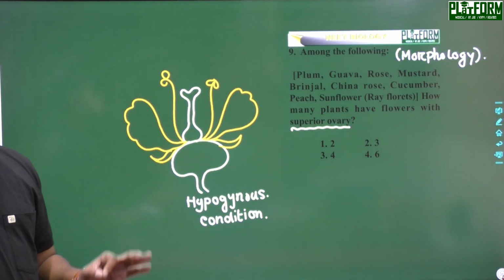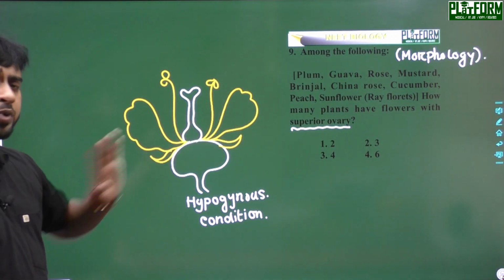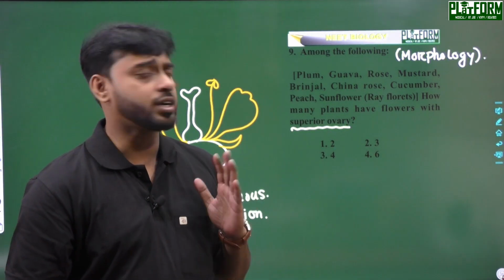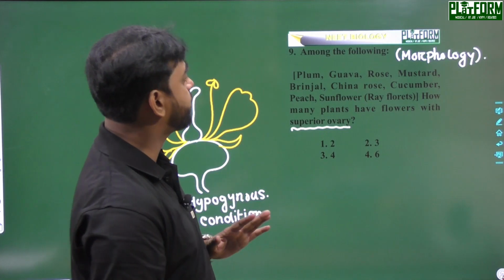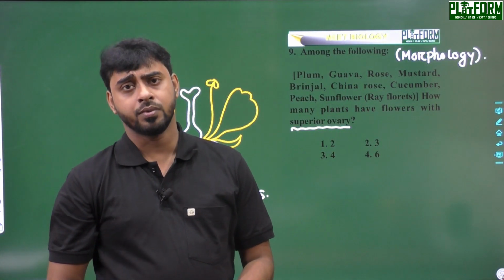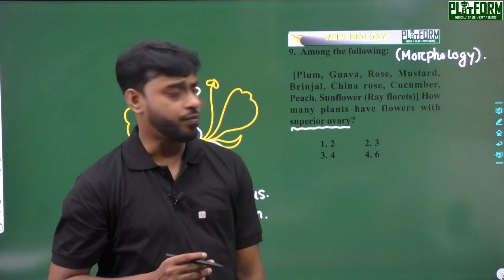So this particular condition is known as a superior condition. The ovary is a superior ovary, which is found in the hypogynous condition. So you have to identify among these members how many of them have a superior ovary, that means a hypogynous flower.